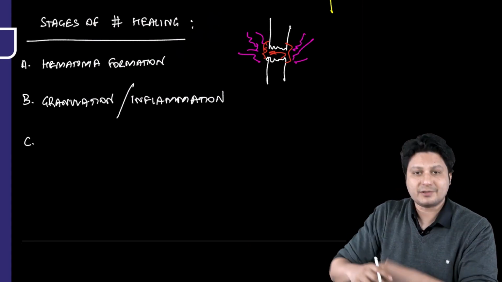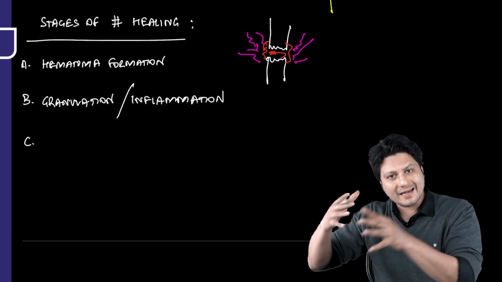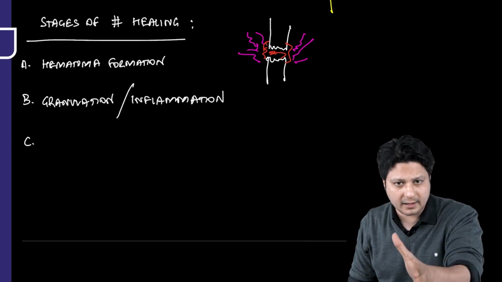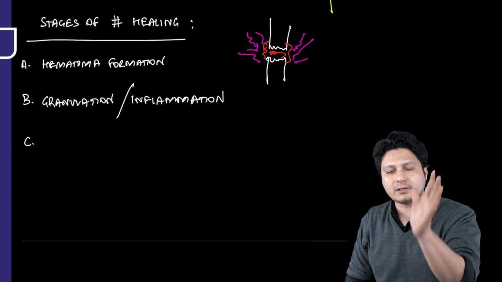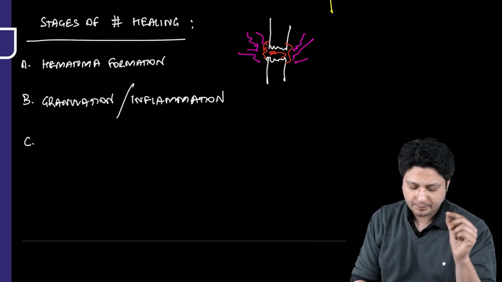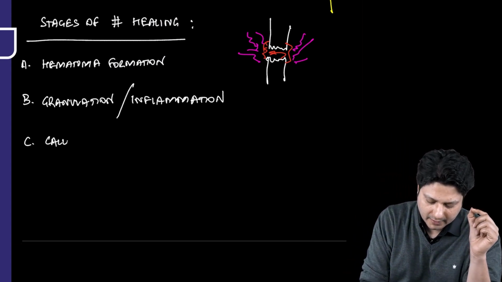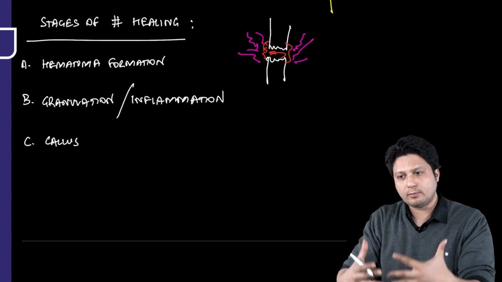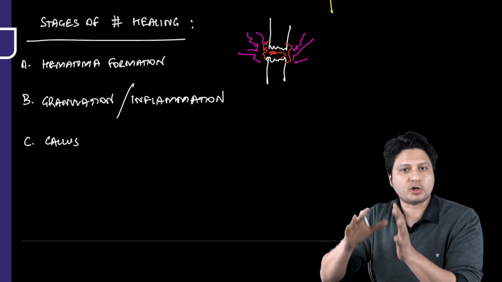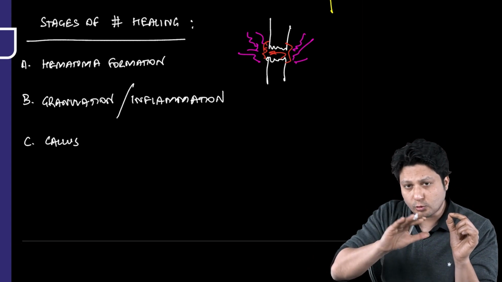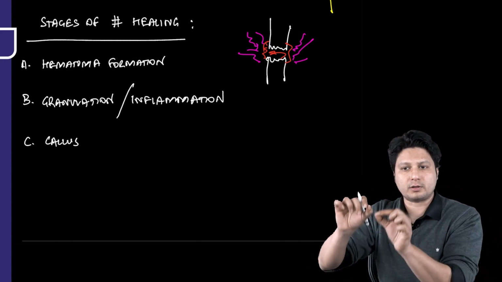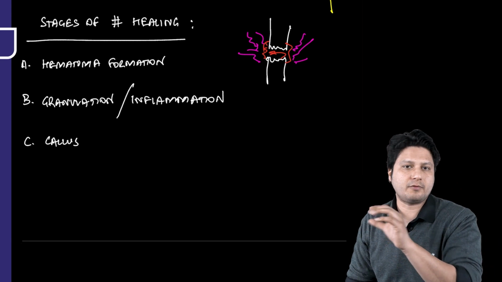This granulation is a naive tissue which could be converted into any tissue based upon the stimulus it is receiving, and here around the fracture site it is continuously receiving the stimulus of bone formation. So this granulation will ultimately get more and more calcified, more and more consolidated, leading to the formation of a callus. Now what are the two important specificities associated with this callus formation?